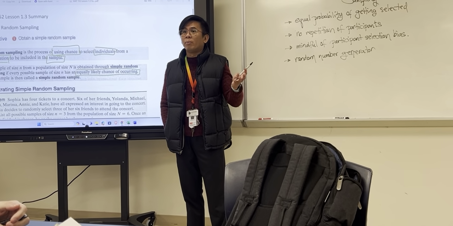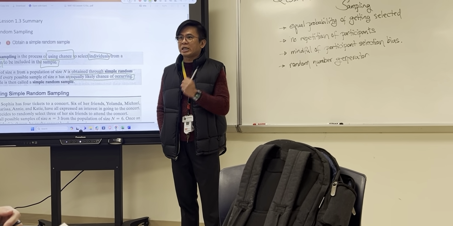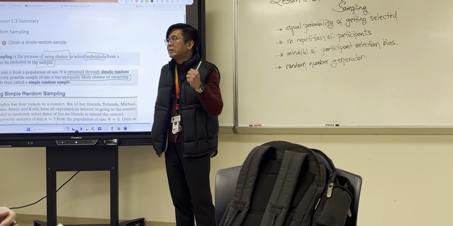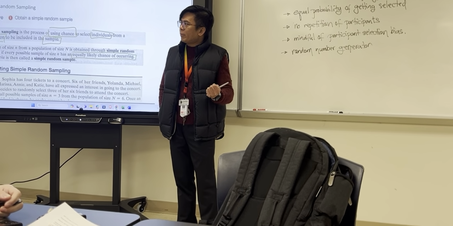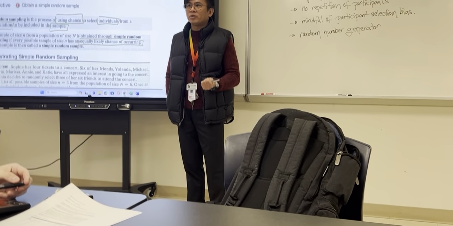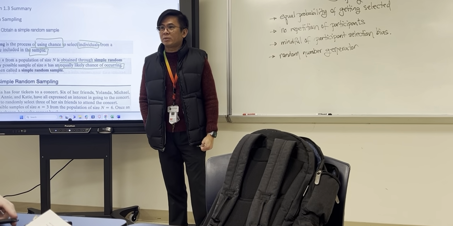No matter how noble you think, as a researcher, the objective of your research is, if the participant says, I'm busy or I cannot be a part of the respondents of your study, then we cannot force them to be a participant. All right?